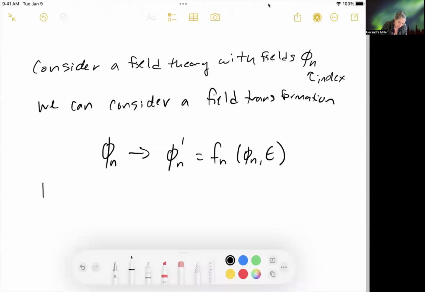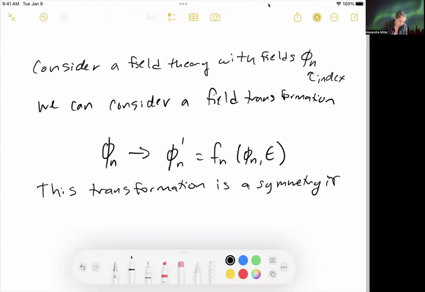And the statement is that this transformation is a symmetry if the derivative of our Lagrangian with respect to our small parameter is equal to 0, which is to say, if we replace all of our phi's with phi primes in our Lagrangian, and then take the derivative of that Lagrangian with respect to this epsilon, which again we should think of as some parameter telling us how big our transformation is.